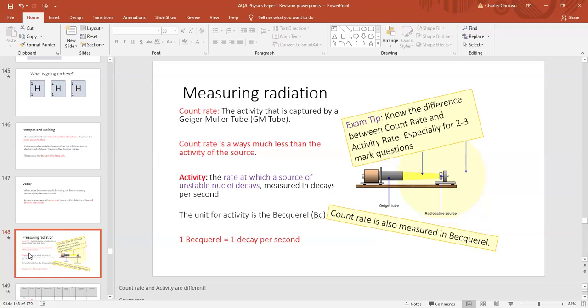The activity captured by a Geiger-Muller tube is always much less than the activity of the source. The activity is the rate at which a source of unstable nuclei decays, measured in decays per second. But they didn't really give us a definition for the count rate.